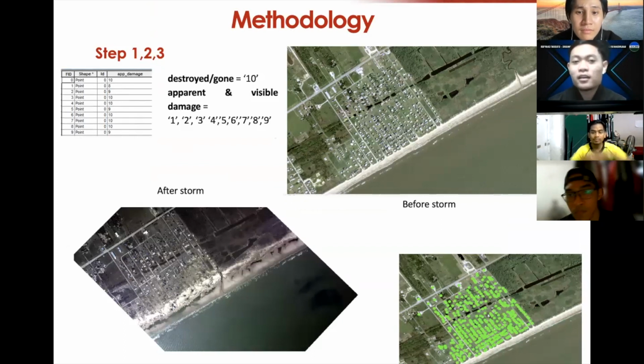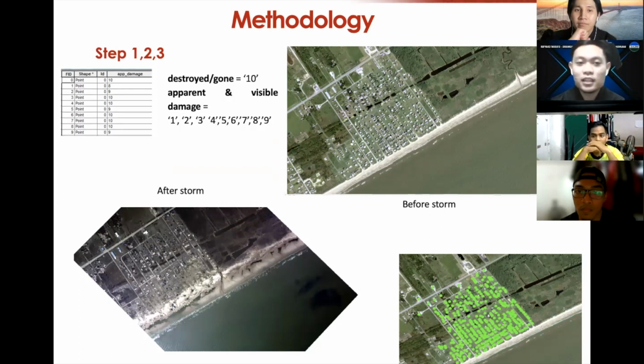For my part, the methodology of this project, there are 9 steps that we use. For the first step, from step 1 until 3, we need to get the before and after storm imagery from the storm project folder that our lecturer provided. Then we map and record the house damage using the imagery on a scale from 0 until 10, and we consider this as the dependent variable.